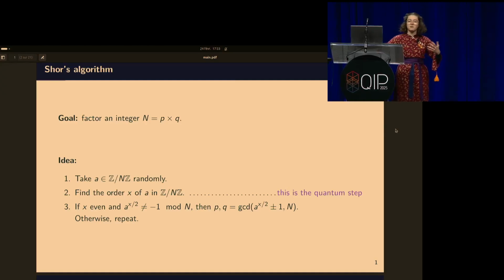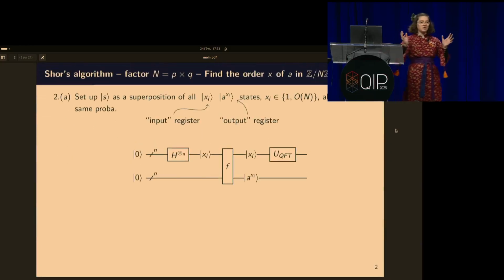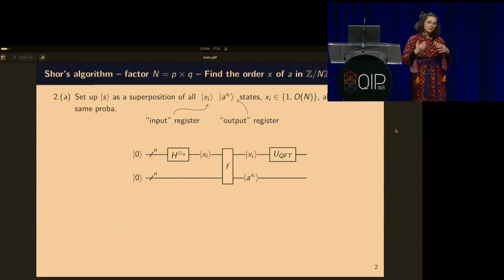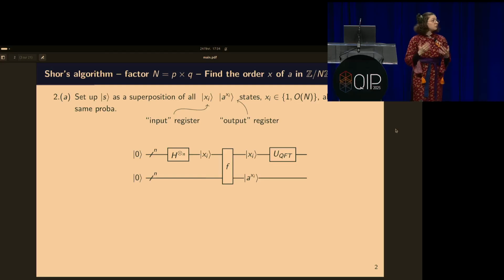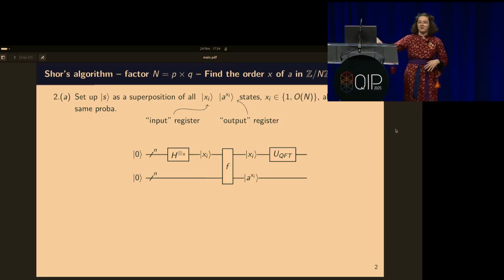So in order to find the multiplicative order of A modulo big N, what we do is we take a register S and we are going to put into this register an equidistributed superposition of every pure state representing the pairs x_i, A to the power of x_i modulo big N, with x that goes from 1 to an integer that is of the order of magnitude of big N. Since we are representing pairs in our register in any case, we are going to consider that the input part of the register S contains the x_i and the output part of the register contains the A to the power of x_i, modulo big N.